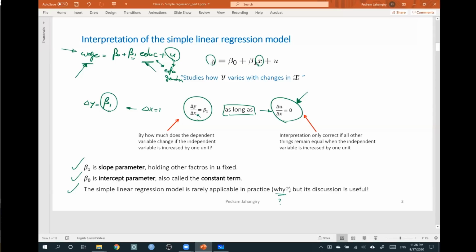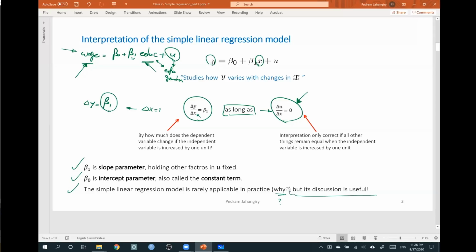If I look at people at the same age, the more education they have, the less experience they got at work. Does that make sense? Because they have been studying instead of working. Okay. So there is a good chance that if I change education, then u is not going to remain constant. For that reason, we say that we rarely use the simple regression model in practice.